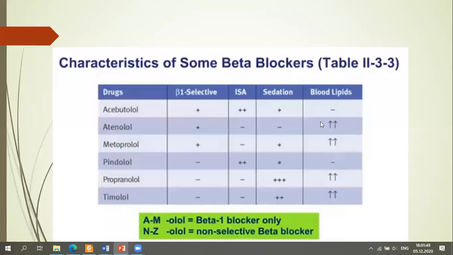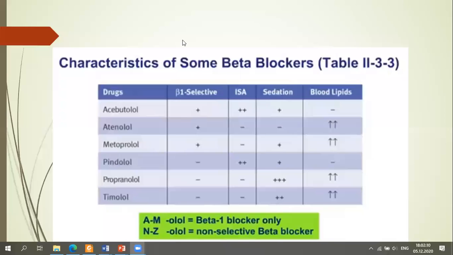Both of them have similar properties. All of these drugs have sedative effects, except atenolol, only two. So the most sedative substance is propranolol here.